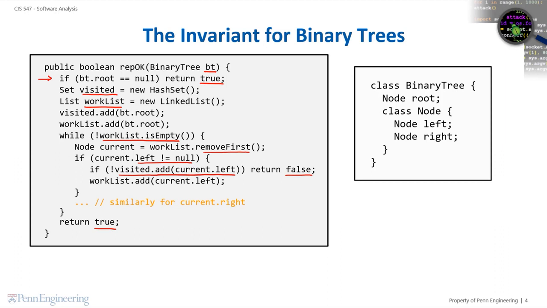If the left child wasn't previously visited, we add it to the visited set and also to the work list. We then do a similar check for the right child of the current node. If both these checks succeed for all nodes that are reachable from the root, then the rep_ok function returns true, indicating that the input binary tree object represents a valid binary tree.